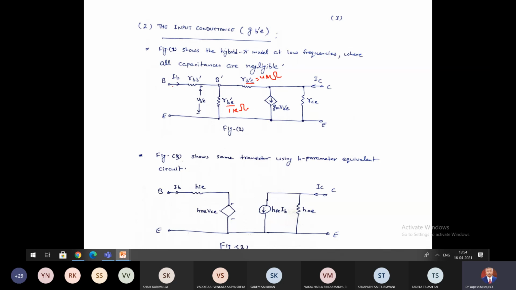So IB is coming here. At this junction, it will try to move towards this side and this side. Since R B dash C is very high, very small current will go towards this side, right? And all the current will flow towards R B dash E, because its value is small.